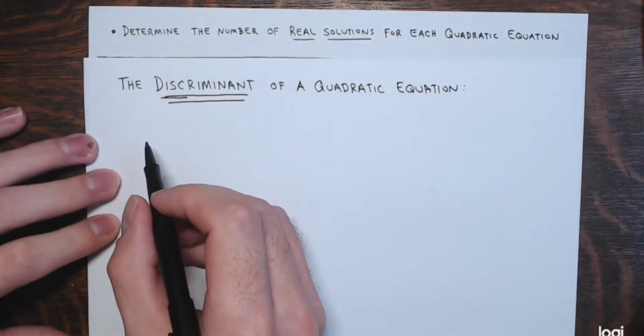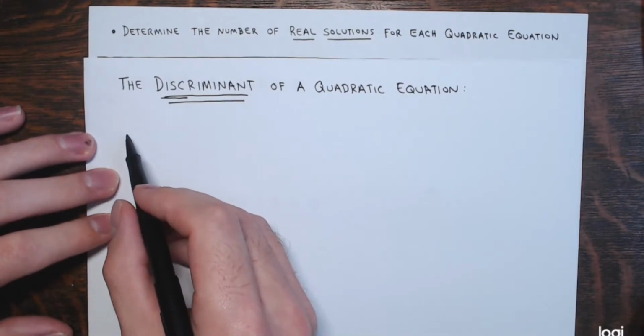So here's what the discriminant of a quadratic equation is.